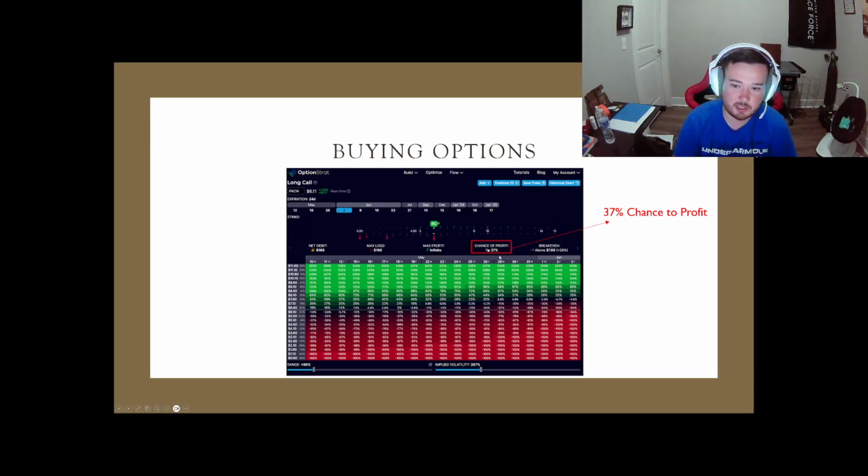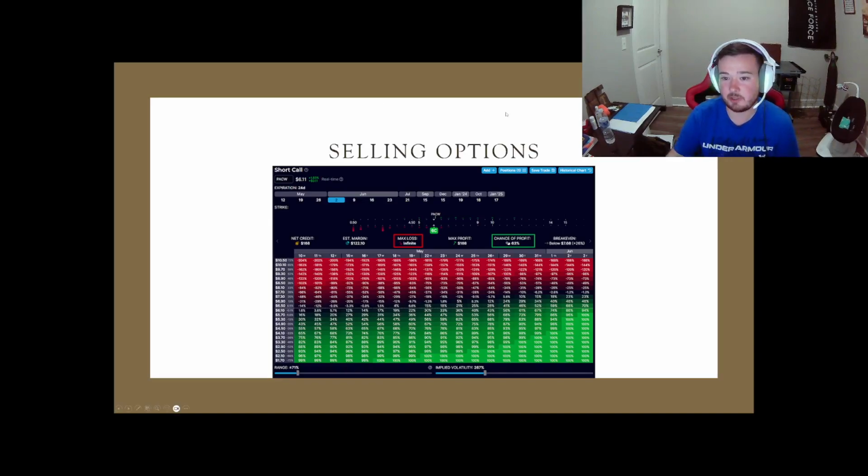And my chance of profit is only 37%. Whereas how much profit I can make is infinite. When I buy a call option, the stock could go to infinity price and I could make infinite profits. So yeah, that's basically buying options in a nutshell. You only have a 37% chance of profit.